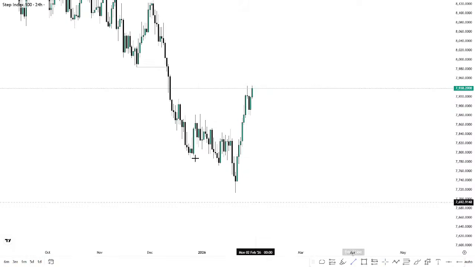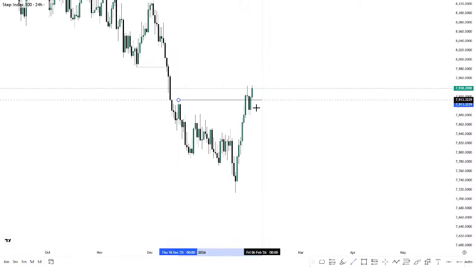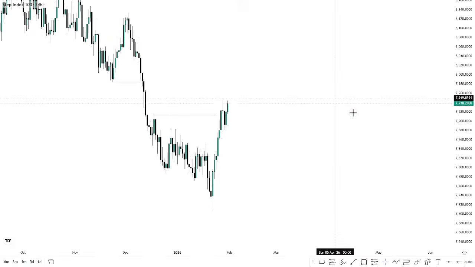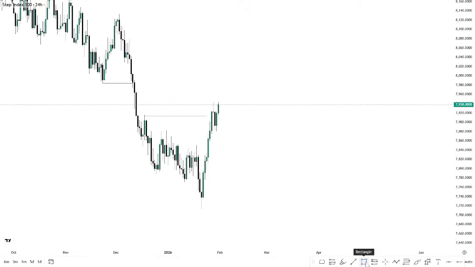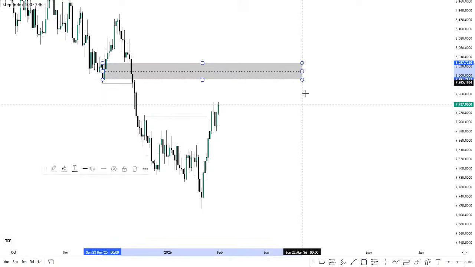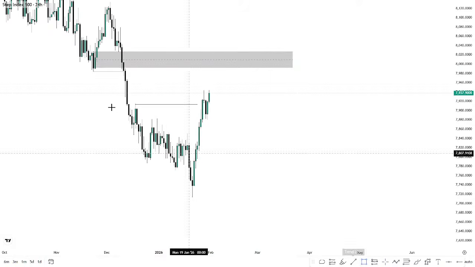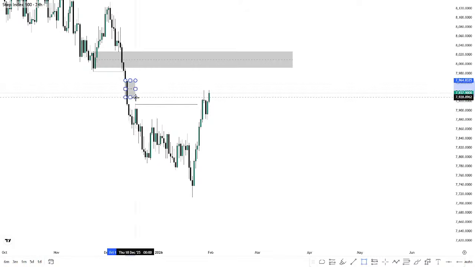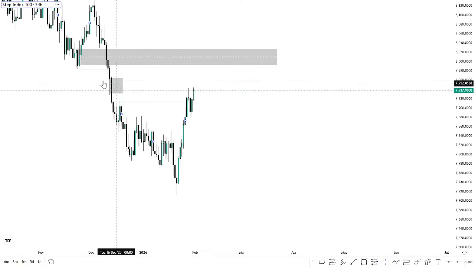This is the liquidity I am expecting market to come back for. We already have it taken. First, this is my breaker. And this is another interest candle for me.